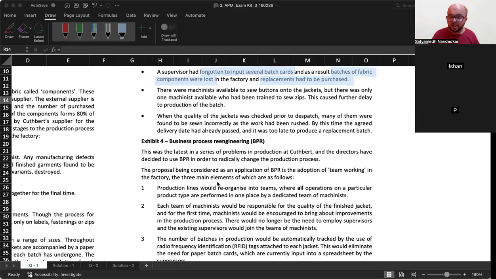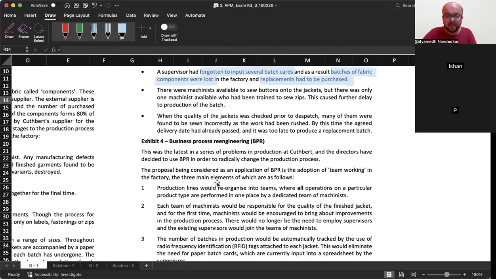You have self-managed teams. You are changing from quantity-based measures to more quality-based approach. है ना? There might be some resistance to change because people might fear losing jobs, or they might think of this as a cost-cutting exercise. There could be resistance to retraining and all of that, but the benefits far outweigh the cost.